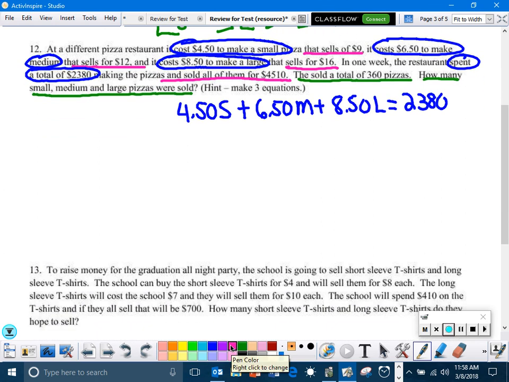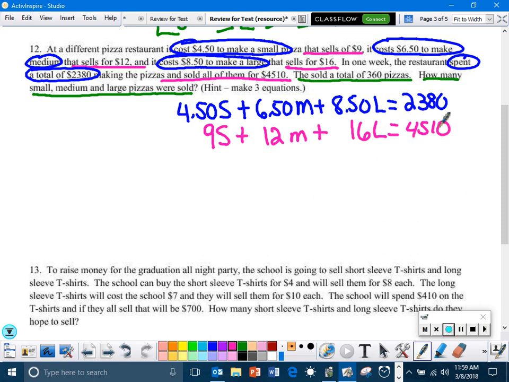Next equation, they sell them. So $9 for the small, plus $12 for the medium, plus $16 for the large, and they made a total of $4,510 when they sold them all.